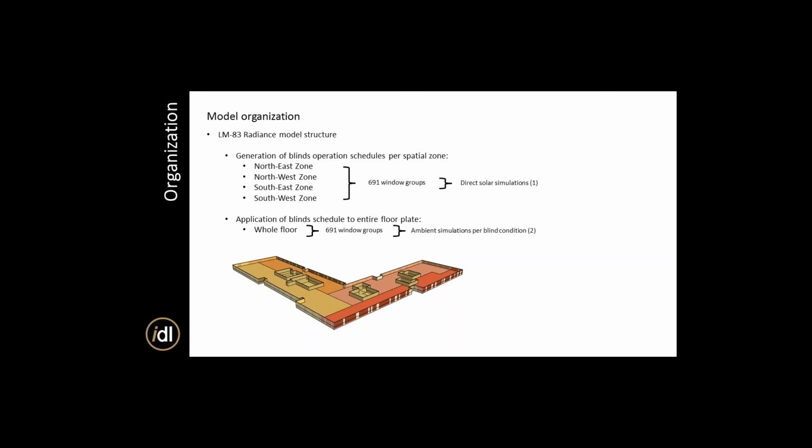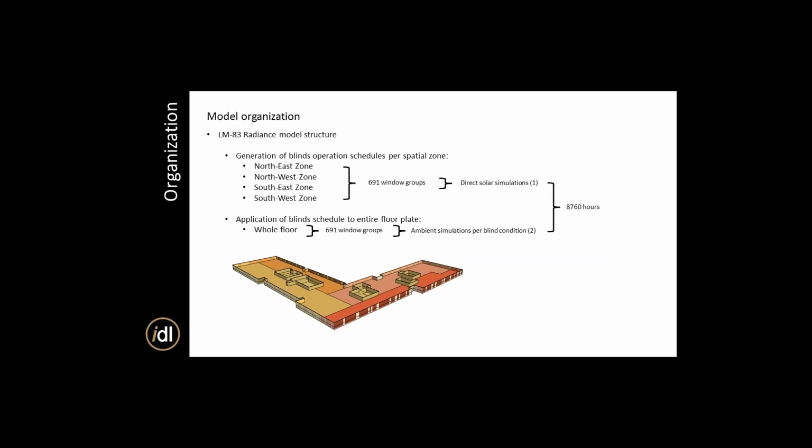What we do with this is generate a direct solar simulation to give us an idea of just how much direct sun is penetrating into the space. And then we operate our blinds based on each of those zones, and then we apply the schedule to the whole floor plate, which would give us the full ambient calculations, you know, all the bounces and everything that's going on in the space.